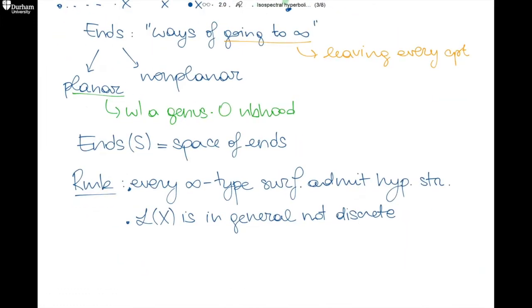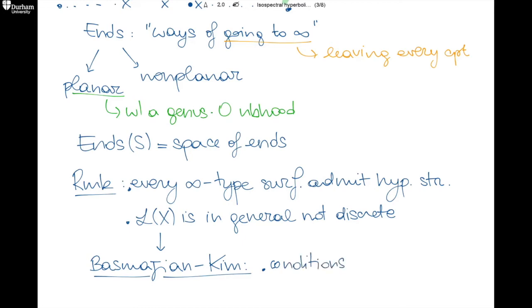And it's actually, in a sense, much harder to construct something where the length spectrum is discrete. There has been some work on that, by Basmajian and Kim. What they do is give conditions for X to have a discrete length spectrum.